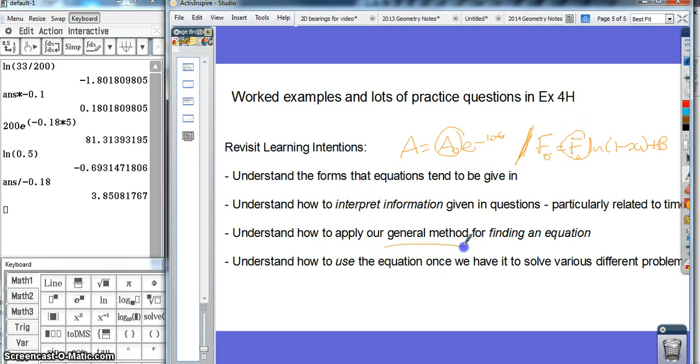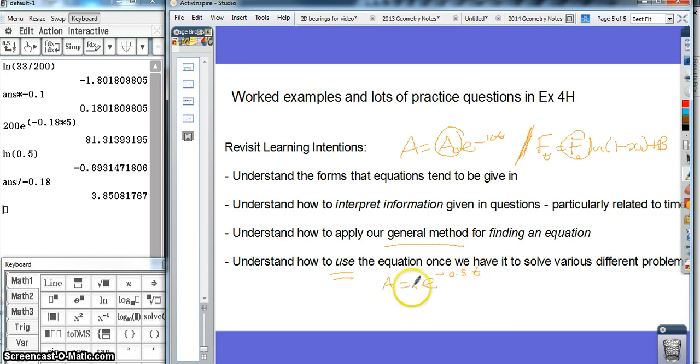I hope that was fairly familiar. Just go through it bit by bit, do your little mini sketches, and it's pretty easy to build up the full picture. And lastly, understand how to use the equation. It's worth noting actually, the most common mistake that people make with these is, let's say we had a equals e to the minus 0.5t, and you're asked to find a after 5 days.